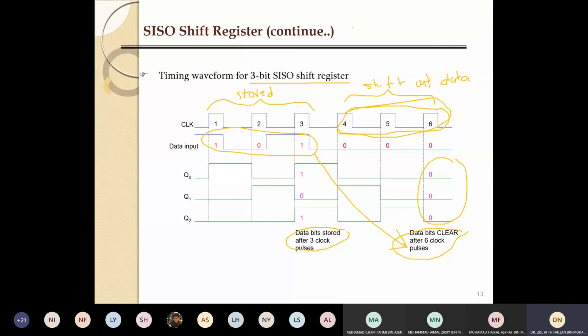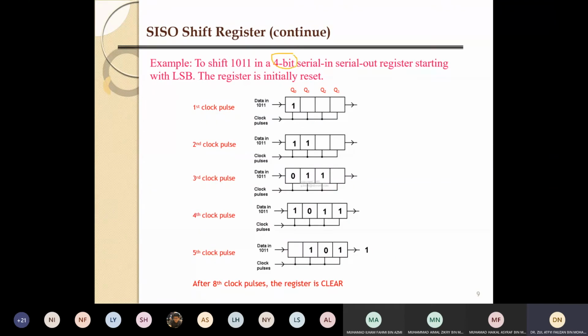What we can conclude here, for a 3-bit SISO shift register, we need 3 clock to store and another 3 clock to shift out the data. Okay, how about a 4-bit SISO shift register? How many clocks are required to store and how many to shift out the 4-bit data input? So this is the answer.